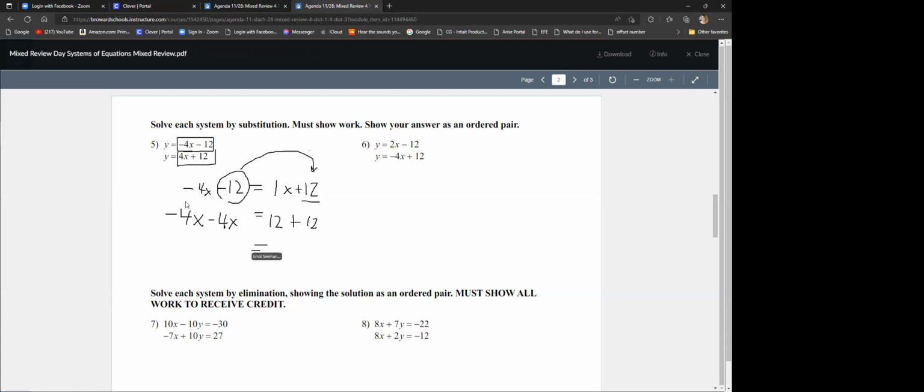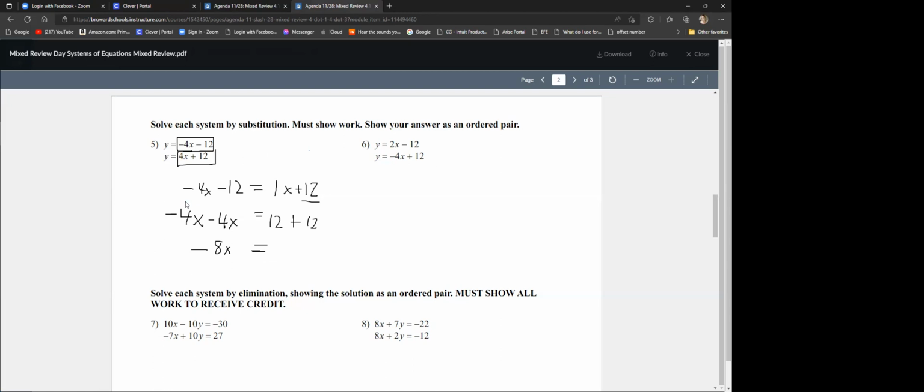Okay, so what's minus 4x minus 4x? What's minus 4 minus another 4? Negative 8. Negative 8x, okay. And what's the right side? 12 plus 12? It's both positive, right?